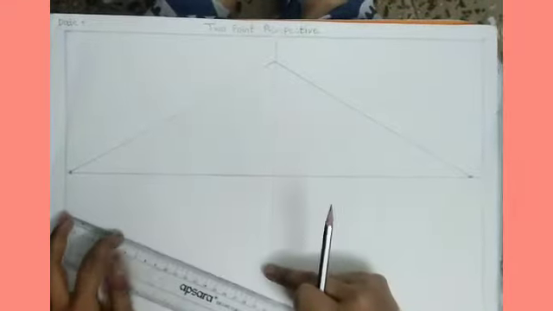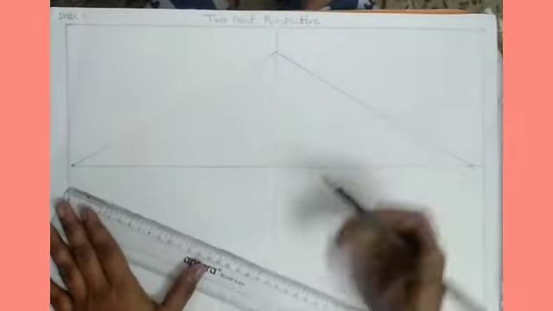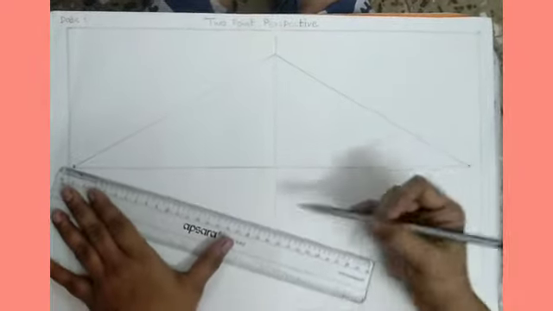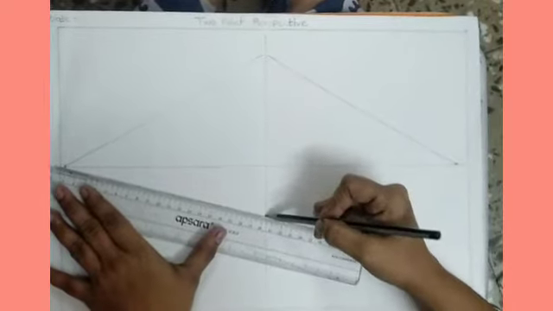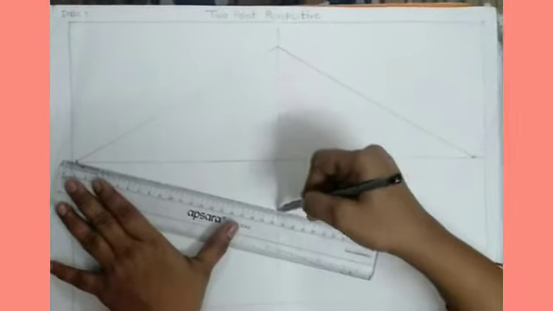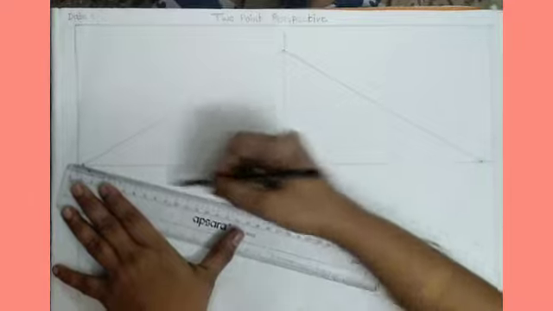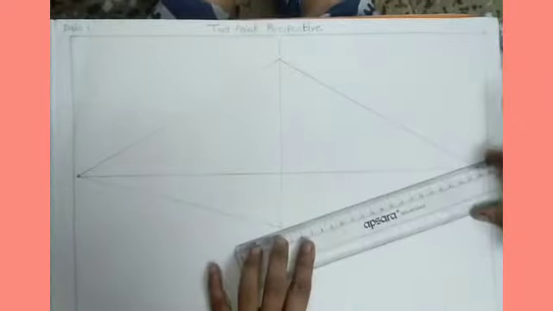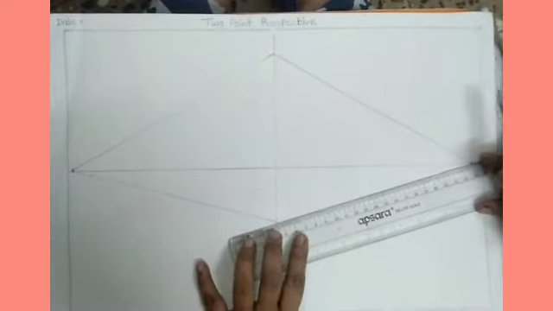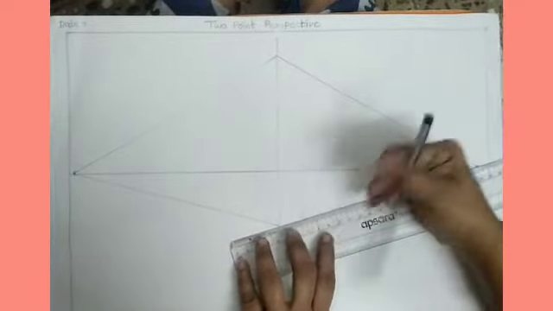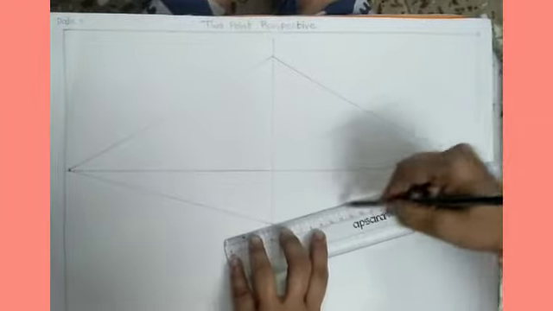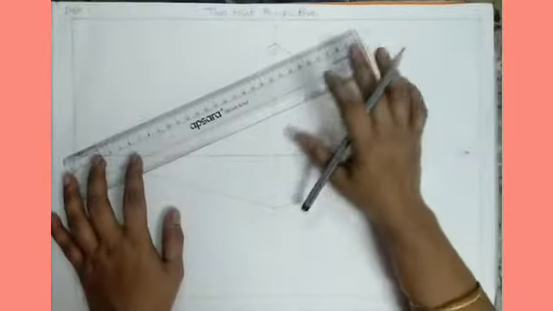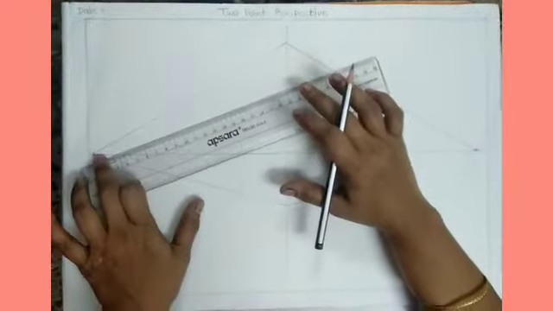And below the horizon line, the lines can intersect anywhere like this. Then don't move the scale from the vanishing point.